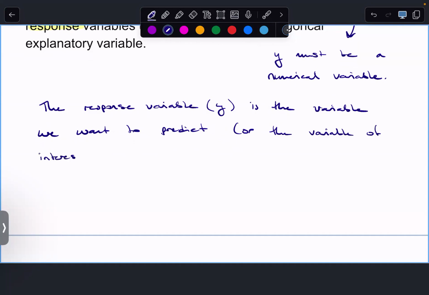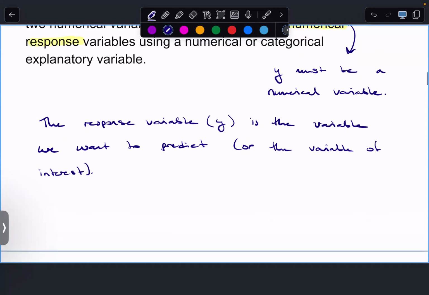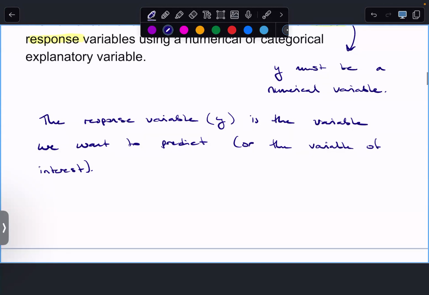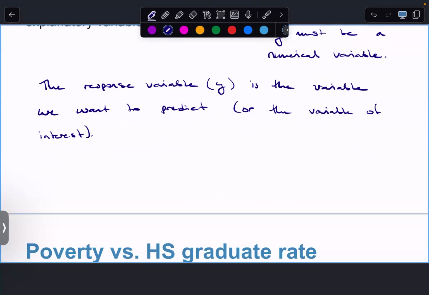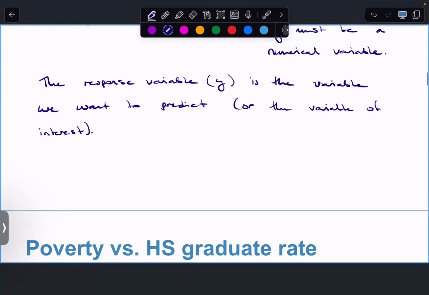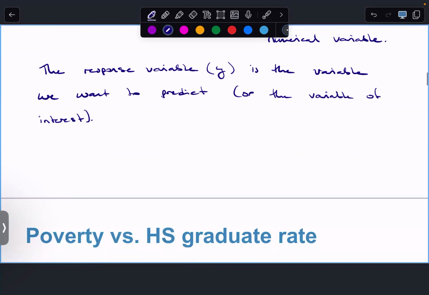Sometimes it's obvious which one is the response variable and which one is the explanatory variable. In the following example, we could have just as well swapped them, and that happens quite a bit. But in that case, I would just give you the scatter plot, and then it's your job to know that the one on the y-axis is the response and the one on the x-axis is the explanatory variable.